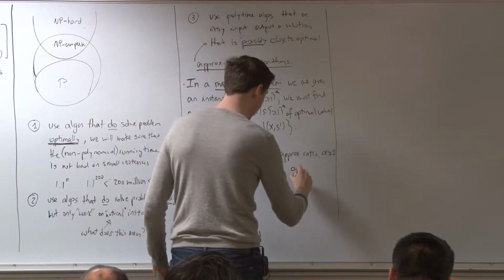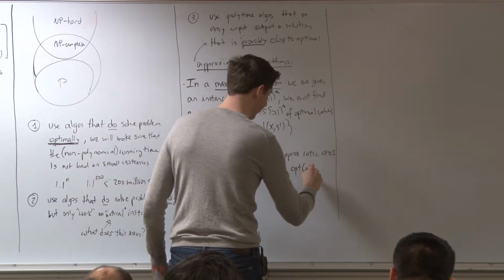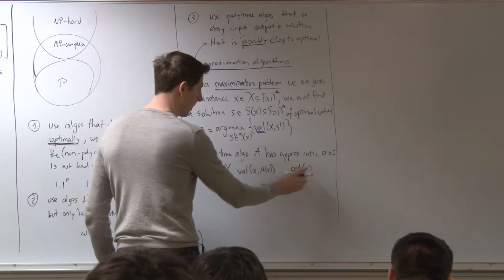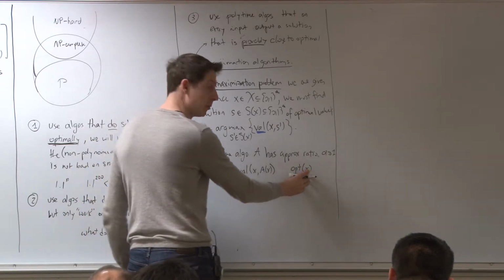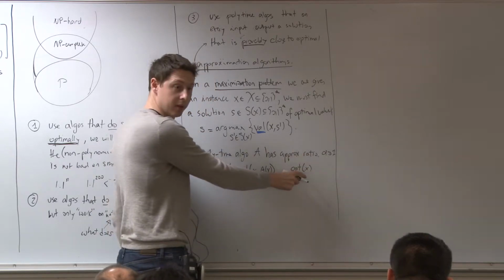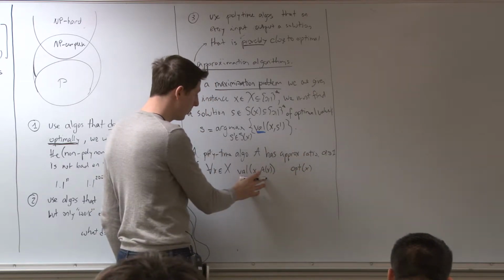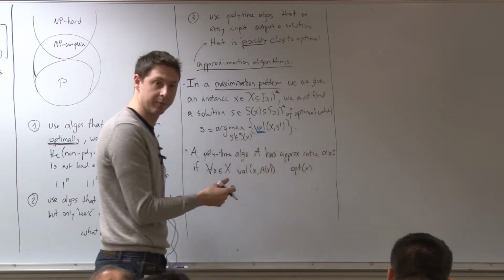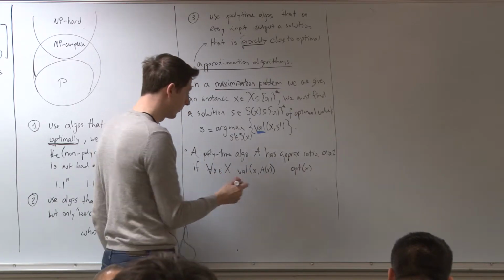So I'm going to have some optimal value of x, and since we're looking at the maximization problem, we can't go higher than opt. And I would like this one to be alpha close to this one. So what should I write?